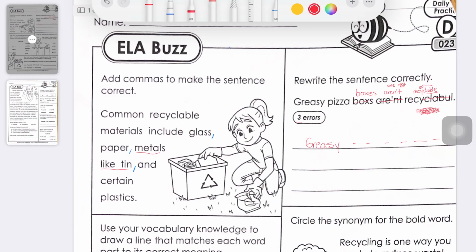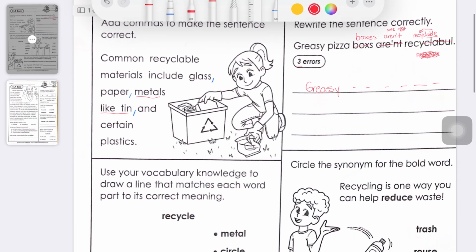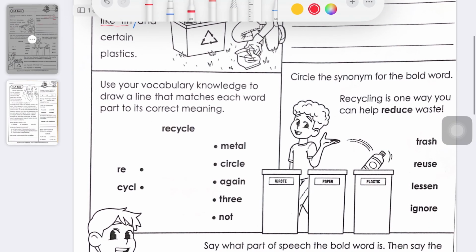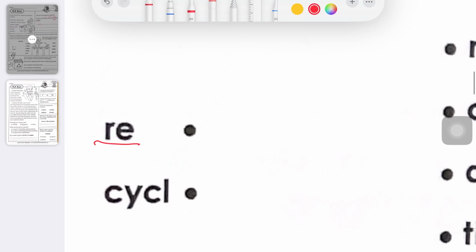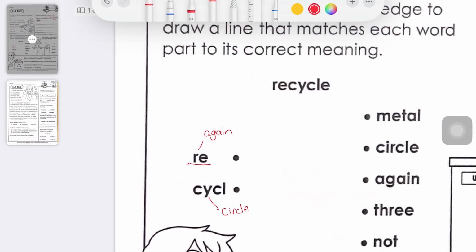Okay, I'm running low on time, so I don't have time to write it all up for you. Use your vocabulary knowledge to draw a line that matches each word part to its correct meaning. Re means again. And cycle, we learned that in ELA, means circle. Cycle, circle.